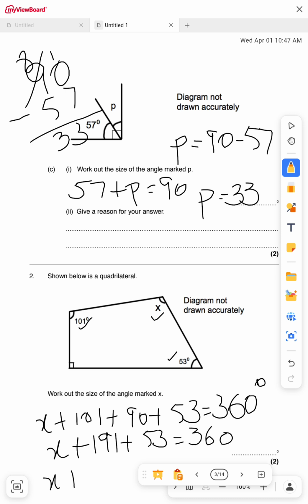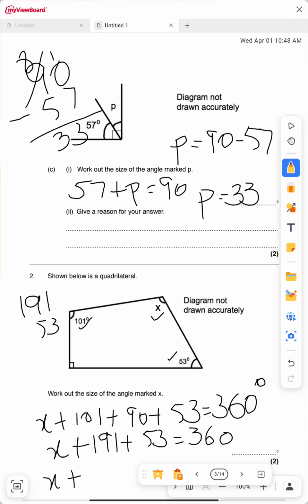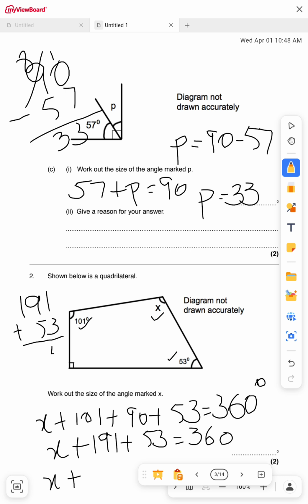So X plus, what is 191 plus 53? 191 plus 53 is 4, and 9 plus 5 is 14, so we have 244. So we have X plus 244 is equal to 360.